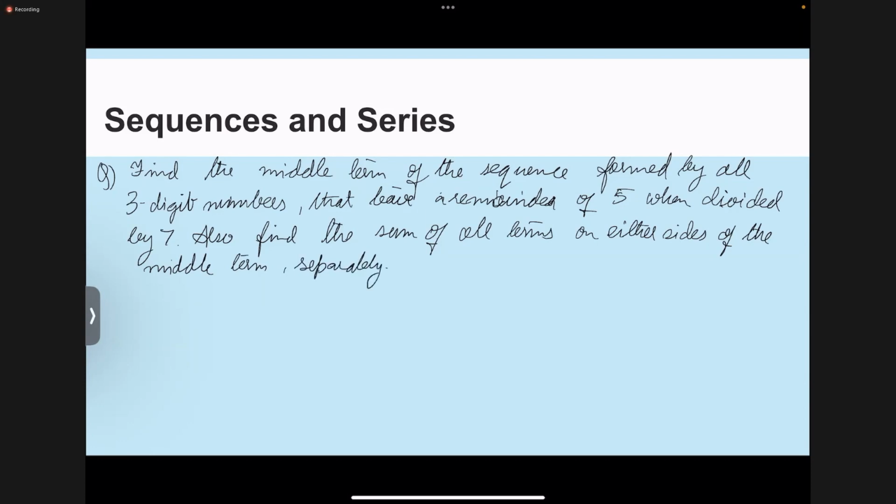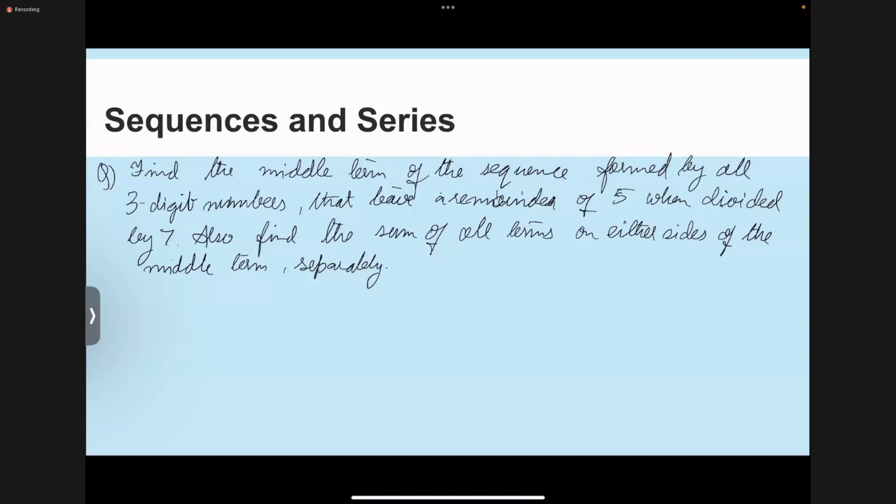Okay, so this is what we are asked. So the three-digit numbers. Okay, so after 100, whichever numbers are in such a way that when divided by 7, they will give you a remainder of 5. Now, also remember that the consecutive numbers will actually end up having a common difference of 7.